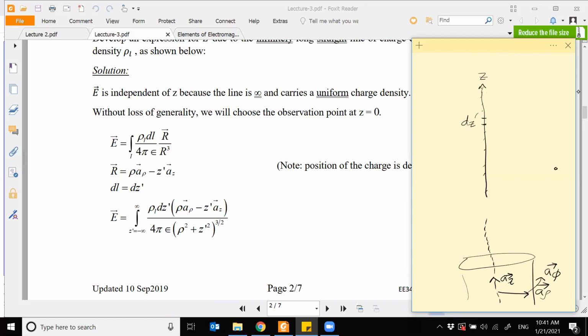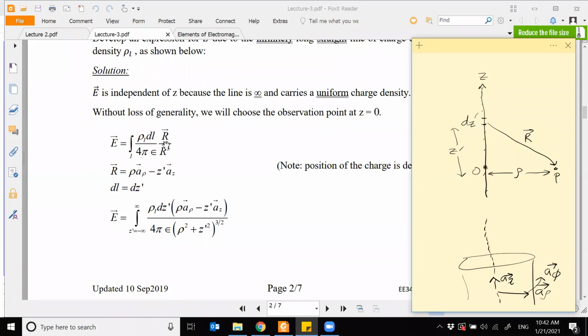So let me not erase it. This is R bar, and this is my origin. This is rho, and this is z dash. So this is dz dash.